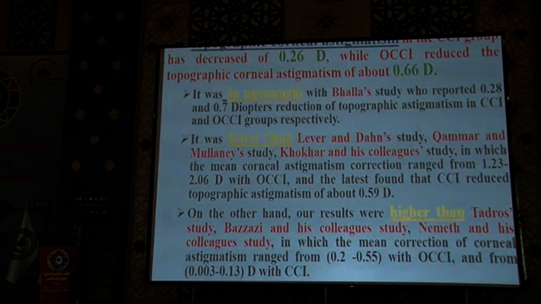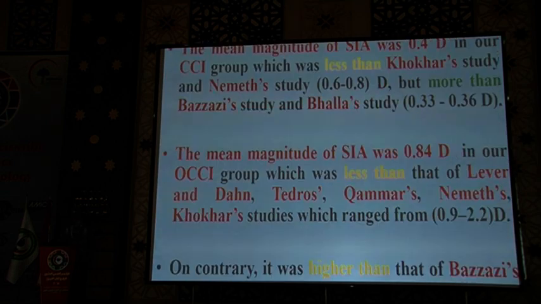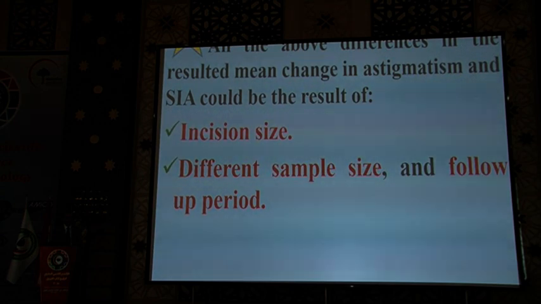We compared our results with many other studies, and our study agrees with many of them, with maybe less or more effect on astigmatism. All these differences are related to the shape and architecture of the incision, and also to sample size and follow-up period.